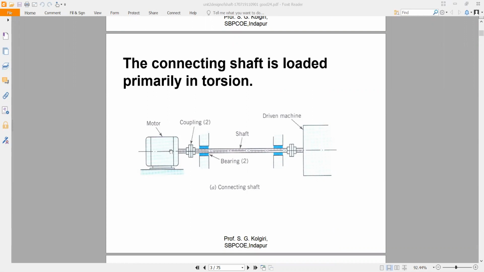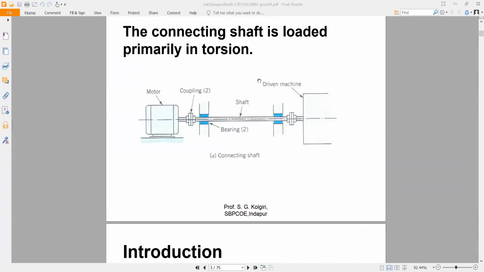That means the output from the motor is connected, and then you have a bearing to make the shaft rotate smoothly, and then connect to another machine to transfer the power. So this shaft will be under torsion load, the very basic load acting on the shaft.